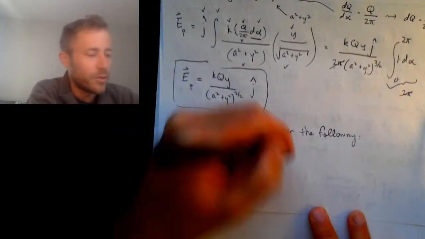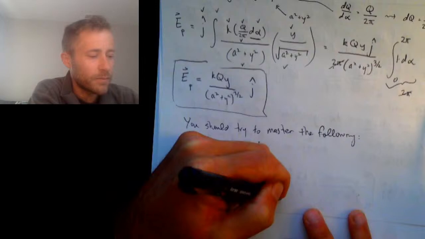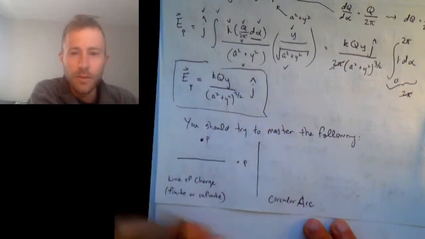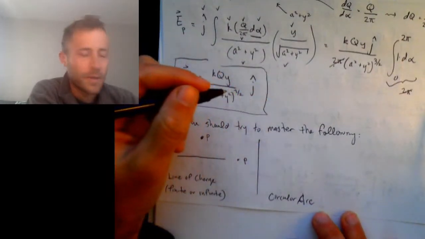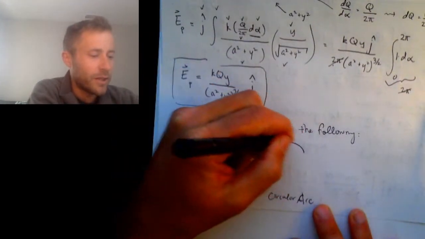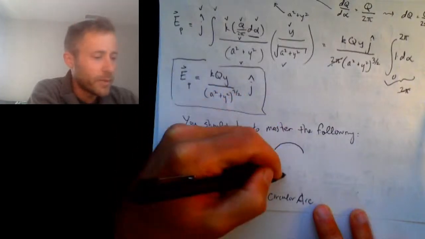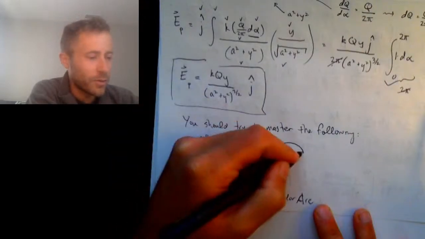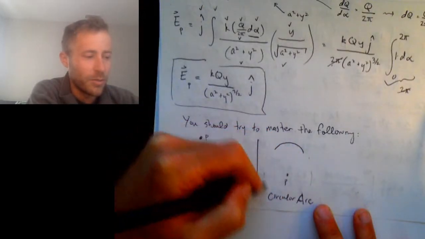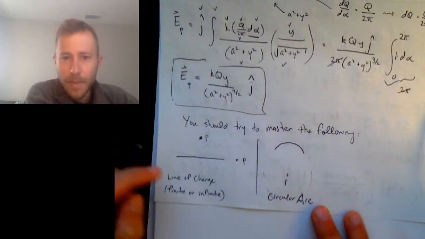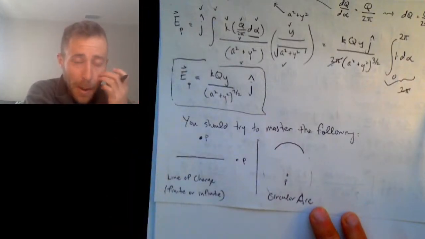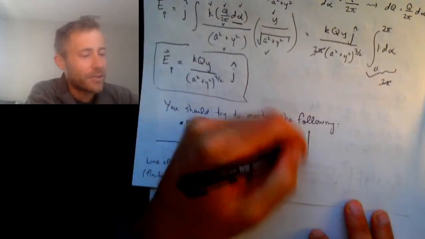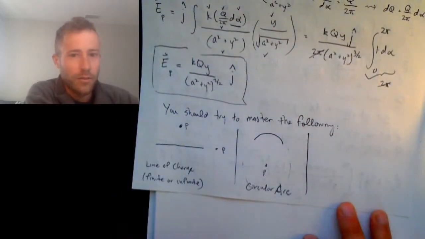You should be able to do a circular arc of charge. And in this case, your point P is at the center of that circular arc. So if you were to complete the circle, it would be at the center of the arc. Okay? And then the last example would be a ring of charge.